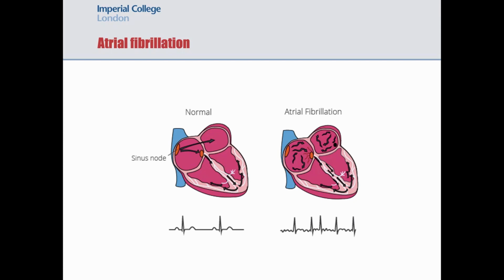The reason why you don't get a P wave is because of these random electrical currents, the atria essentially fibrillate. The muscle just twitches but doesn't actually contract properly. And because there's so much interference, not all of them will conduct through the AV node to the ventricles. That's why you see the QRS complex being irregular in an AF rhythm.